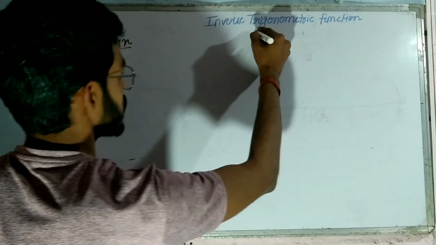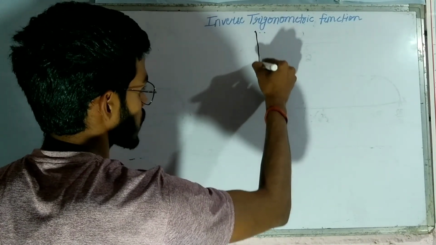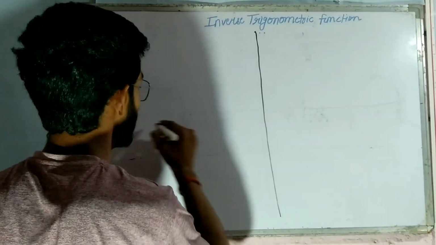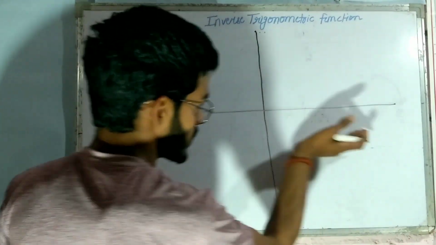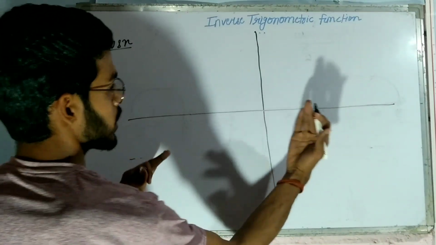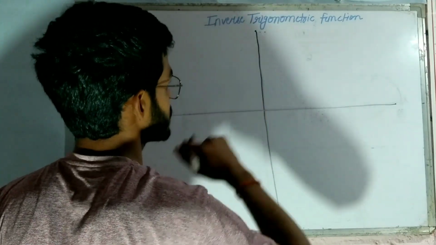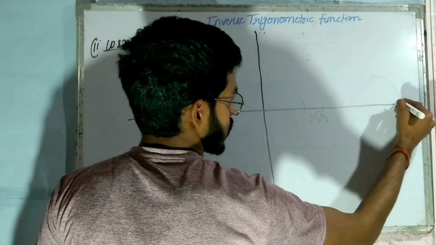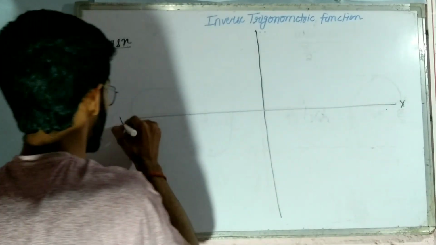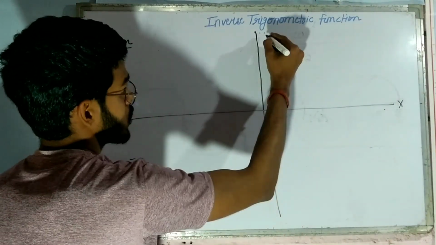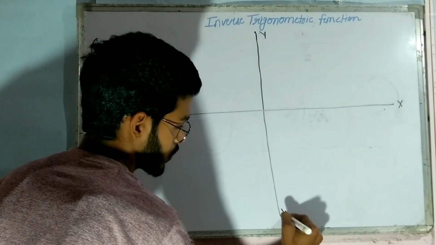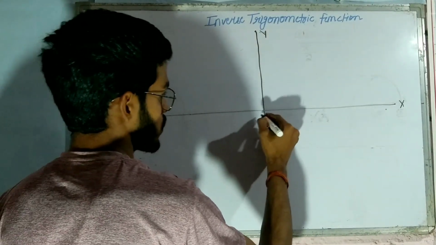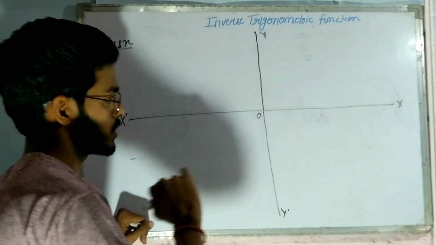First we draw the x-axis and y-axis. This is the x-axis, which is horizontal, and this is the y-axis. This is positive x, this is negative x, this is positive y, this is negative y, and this is the origin point, which is 0.